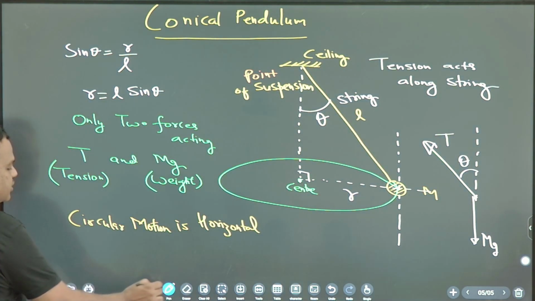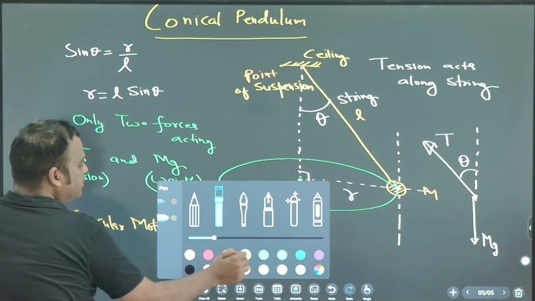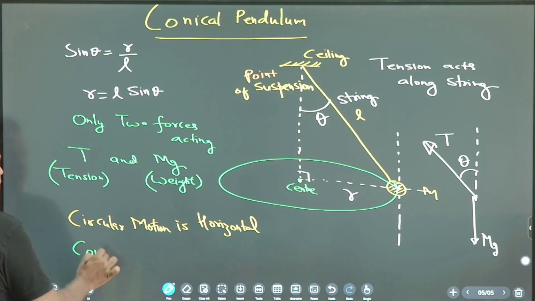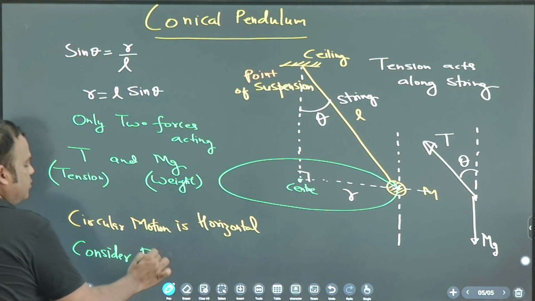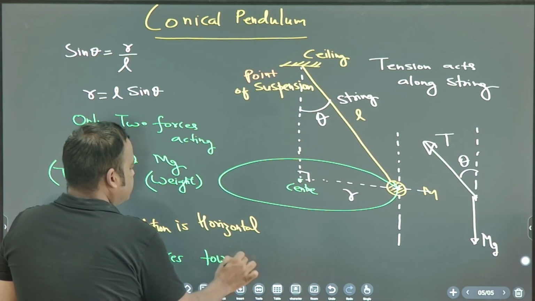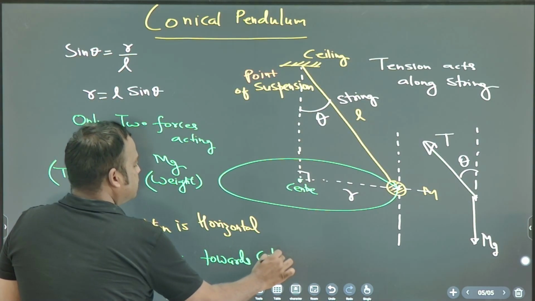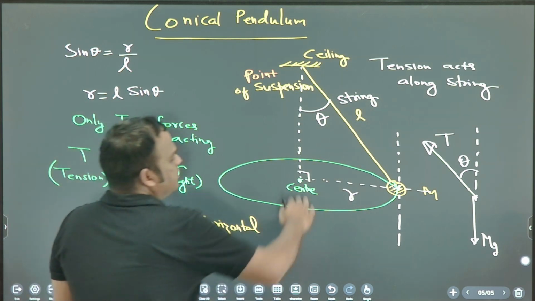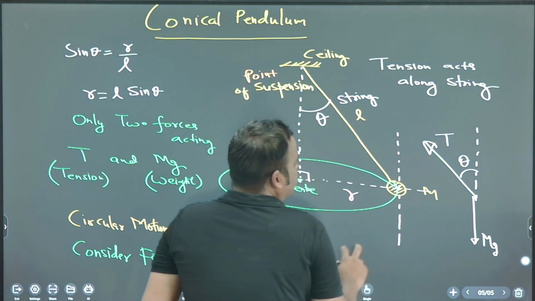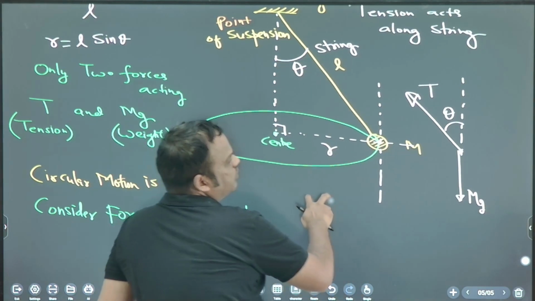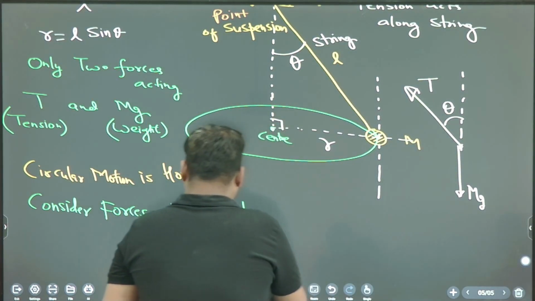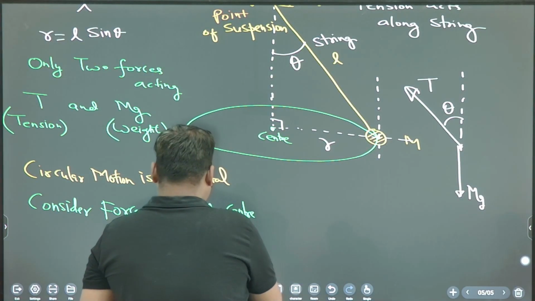So consider forces towards the center. That means parallel to the radius. The radius is horizontal, so consider forces parallel to the radius. What component is parallel to the radius? Tell me. Sine component. Okay, sine component.